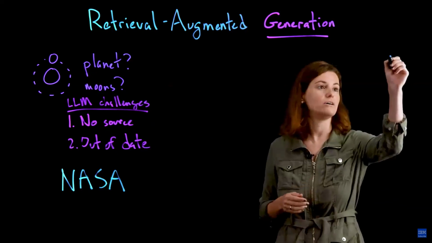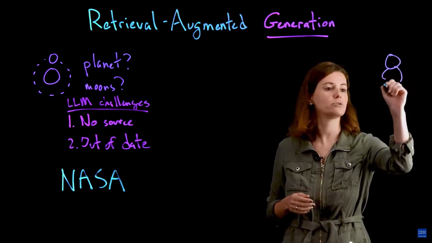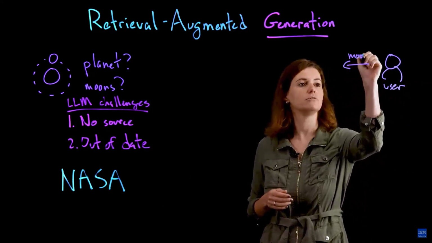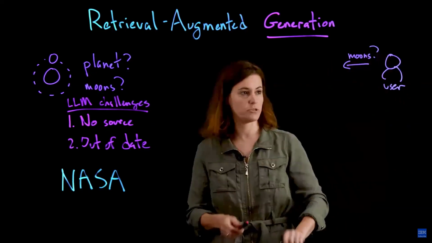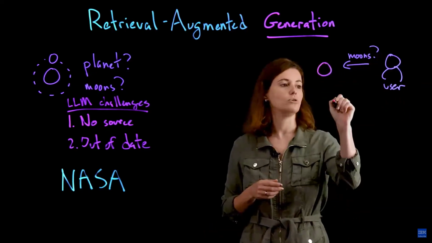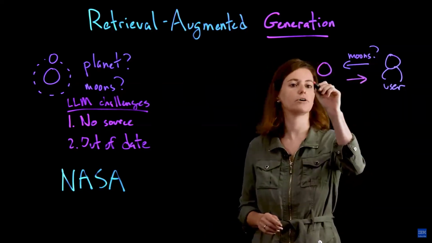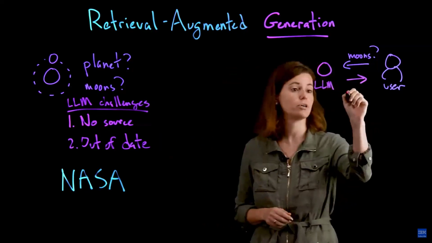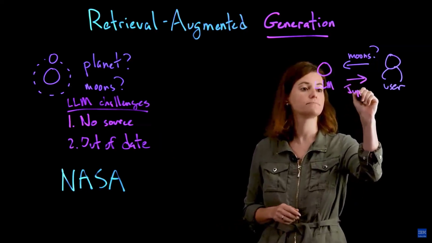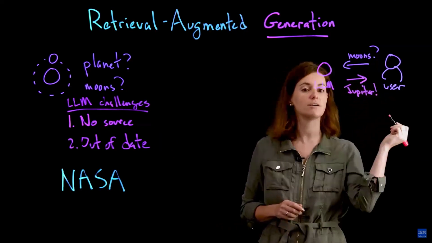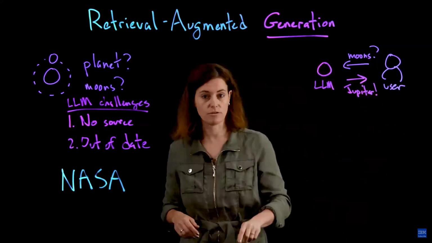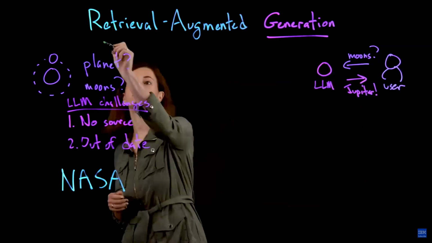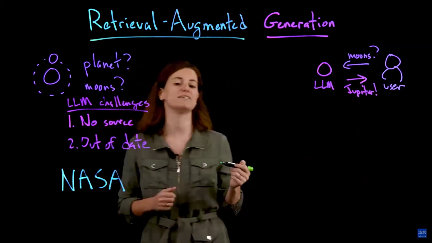Well, how would a large language model answer this question? So let's say that I have a user asking this question about moons. A large language model would confidently say, okay, I have been trained at what I know in my parameters during my training. The answer is Jupiter. the answer is wrong, but, you know, we don't know. They are not very confident in what answer. Now, what happens when you add this retrieval augmented part here?